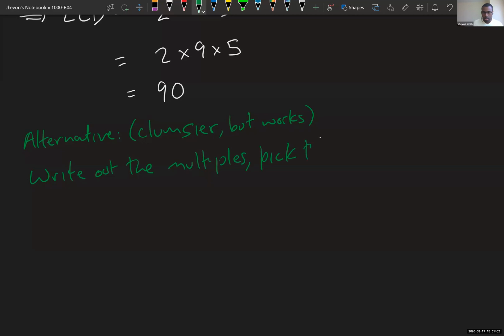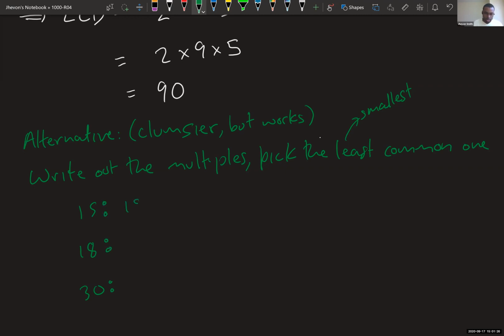Pick the least common one, least as in smallest, not the one that's the least common. So you have 15, you have 18, you have 30. You're just going to actually write out the multiples.